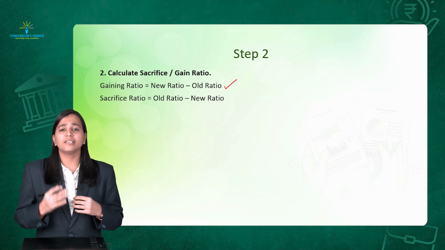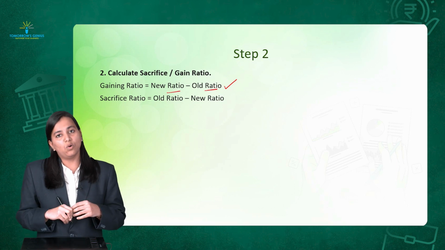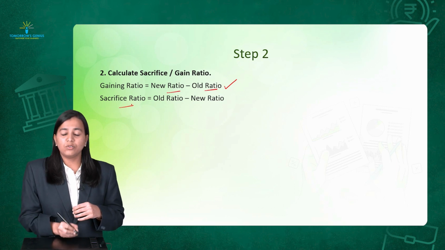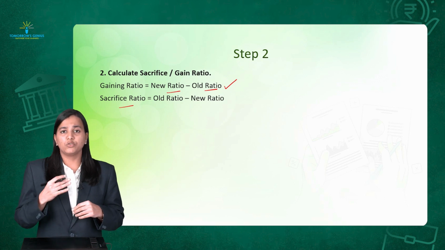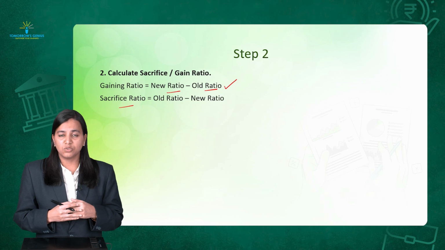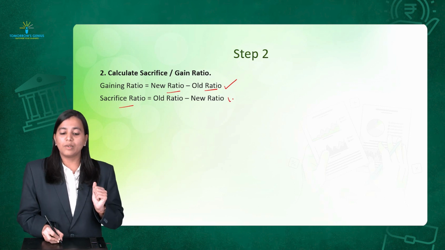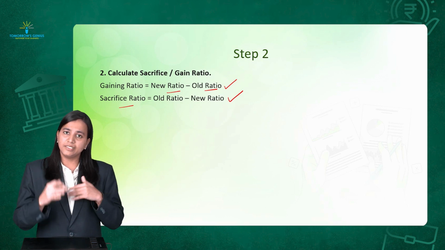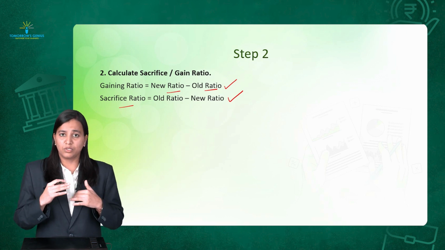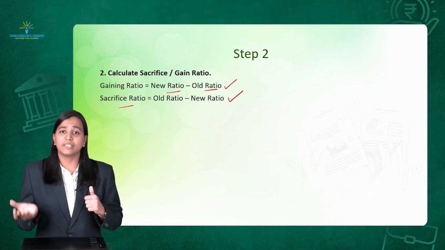Gaining ratio is given by new profit sharing ratio minus old ratio. When you need to calculate sacrifice ratio, as I told you in the last video, it was old ratio minus new ratio. The formula remains the same. The only addition is the gaining ratio, because in this case existing partners are going to gain.